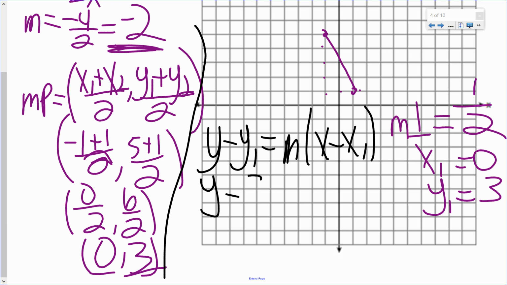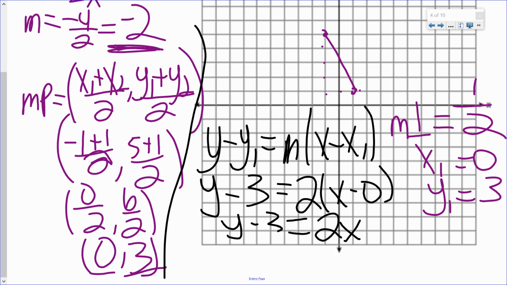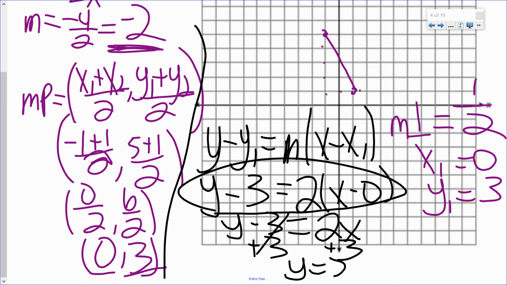Y minus 3 equals 1/2, x minus 0. You can leave it like that. Or you can distribute. You can kind of just drop the 0 off there. That would be 1/2 x, and you would get y equals 1/2 x plus 3. Either form is fine. That's it.